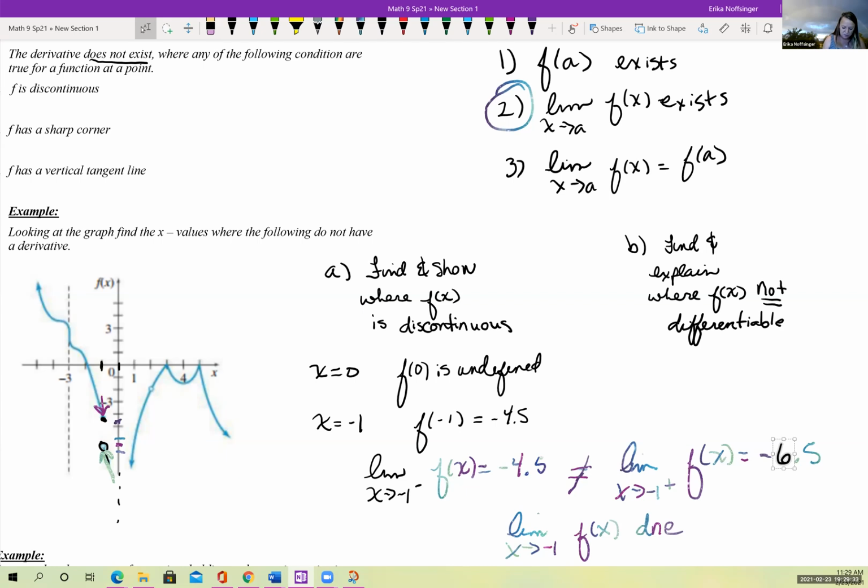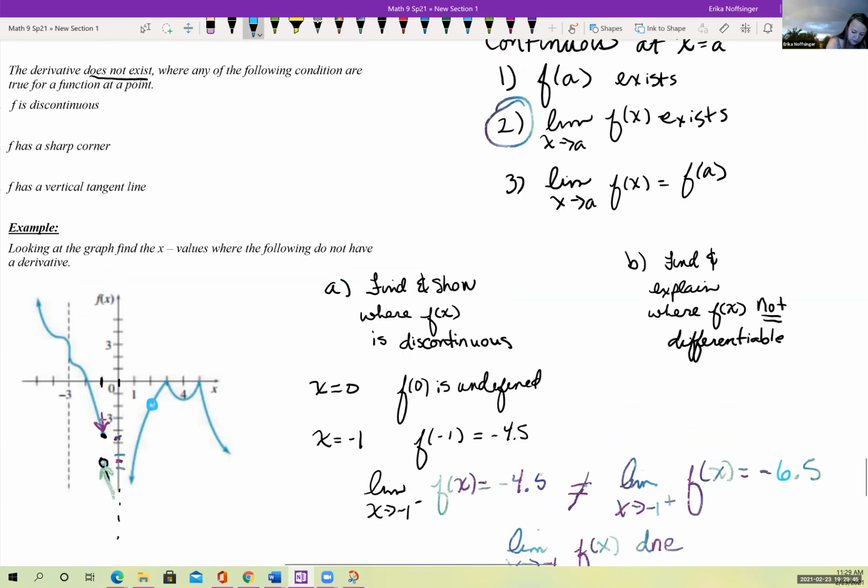And then the other place where it was discontinuous was where it's undefined when x is positive 2. I ran out of room. x equals 2, f of 2 is undefined.